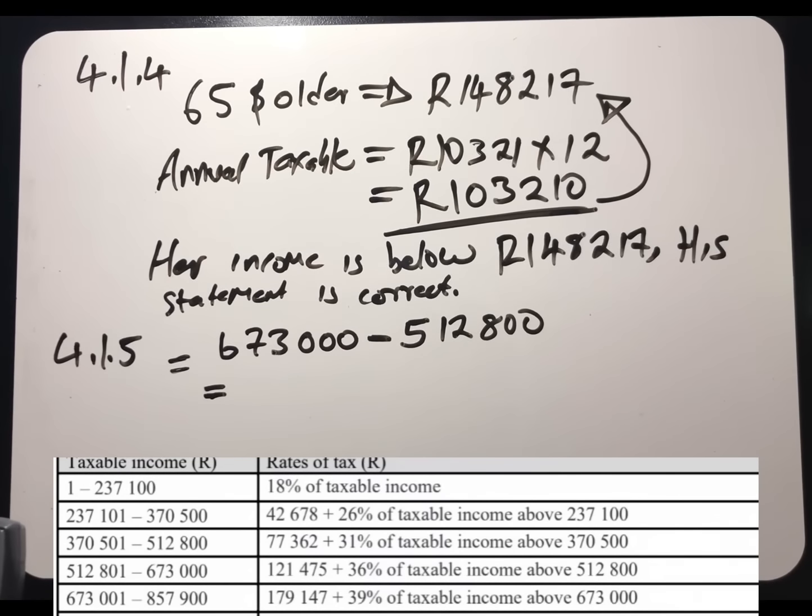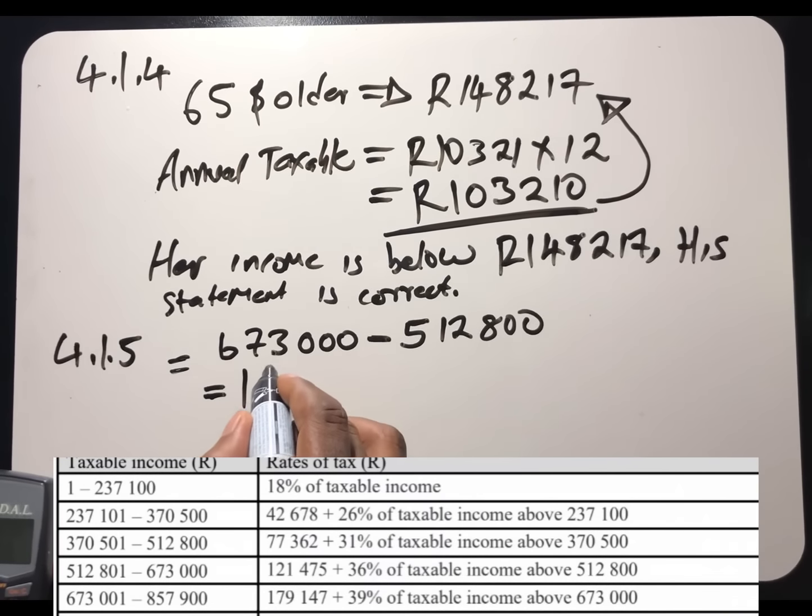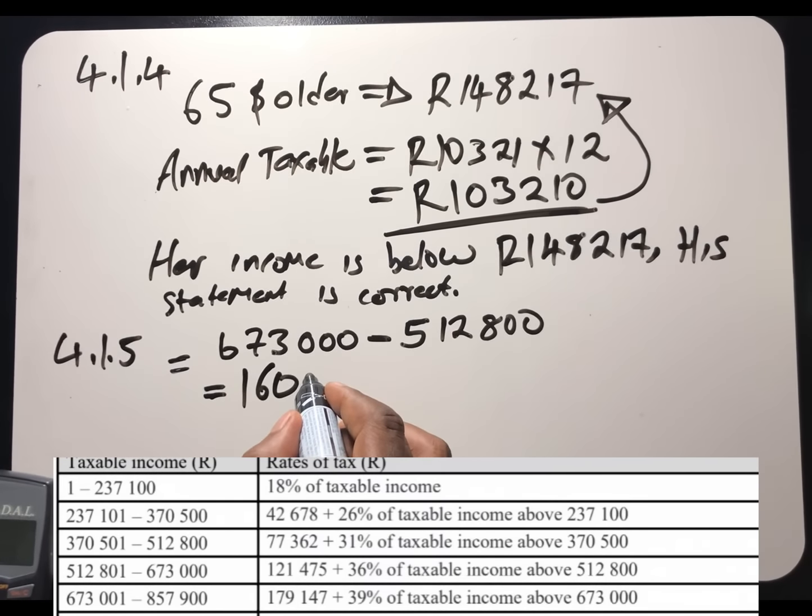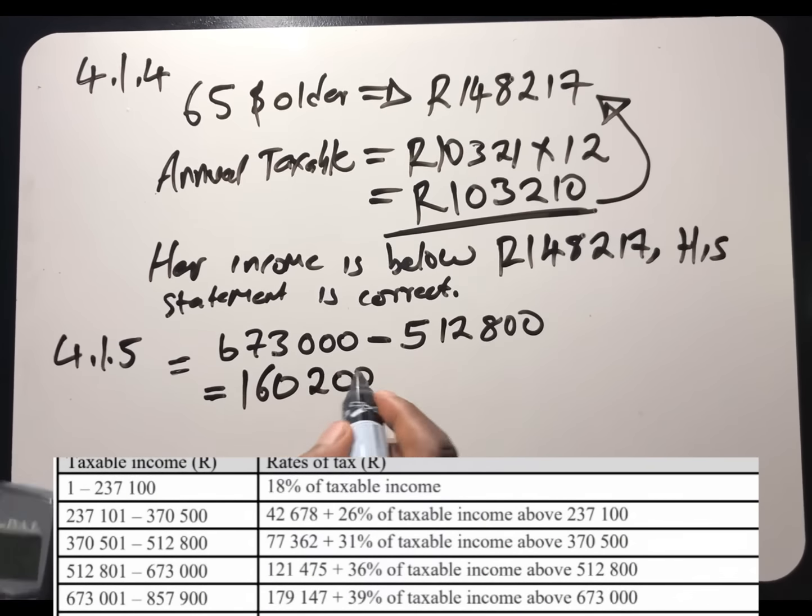So we are going to have 673,000 minus 512,800. We find that our answer here is 160,200.